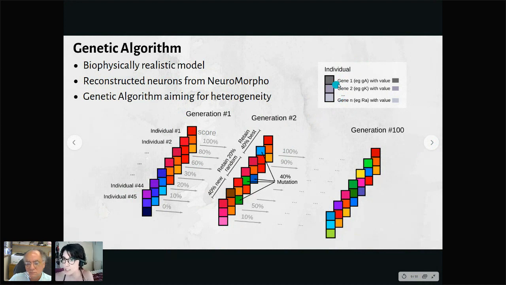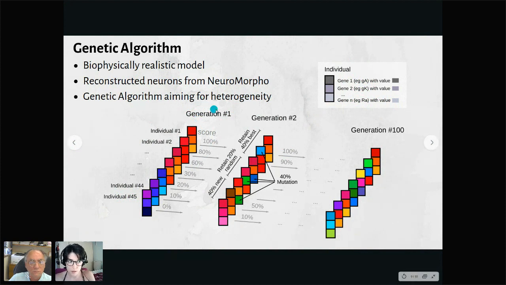In this example, gene 1 represents the A-type potassium ion channel density and has one value, and the last gene represents the axial resistance with another value. So we have a bunch of individuals with random genes starting in generation 1. We evaluated each individual with a given target function that returned a certain score.